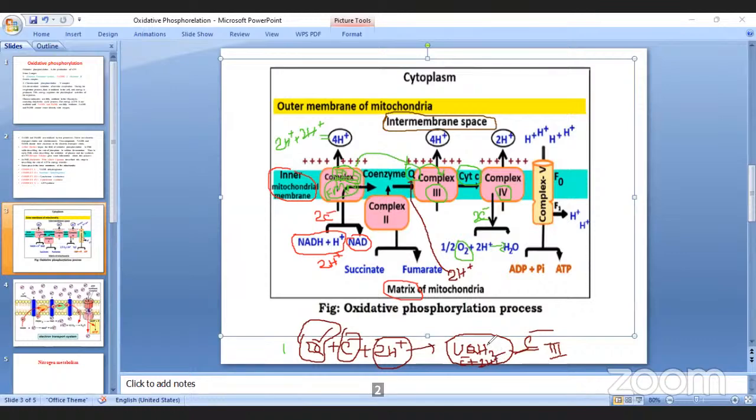But after formation of UB quinol, 1 electron is sent to complex 3. What about the protons? Again, these protons are sent into the intermembrane space.